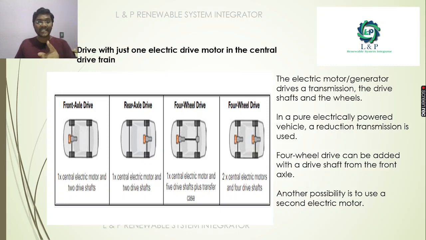In the rear axle drive, the central electric motor will be on the rear side, with two drive shafts, whereas in the normal four-wheel drive we have one central electric motor and five drive shafts plus transfer case. And in the fourth model, we have two central electric motors and four drive shafts. This is how it is designed.